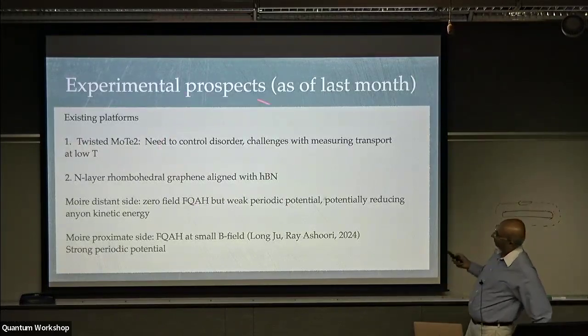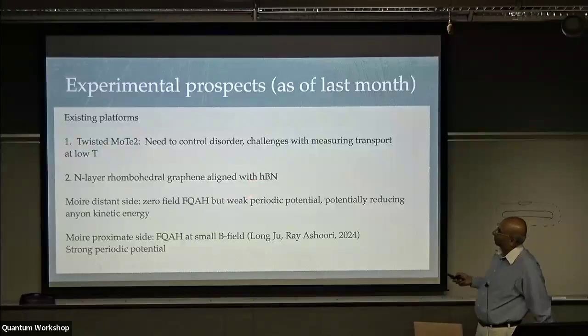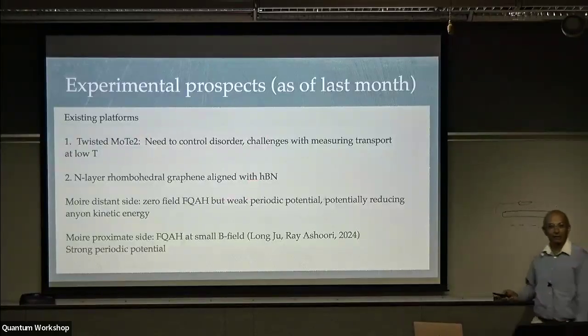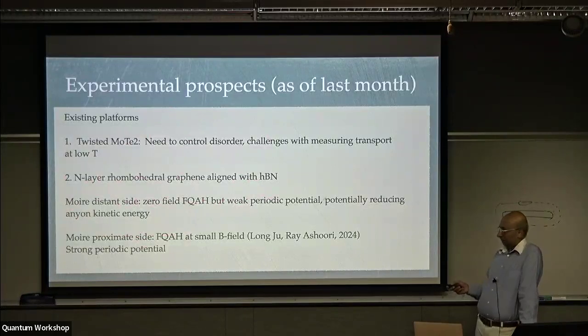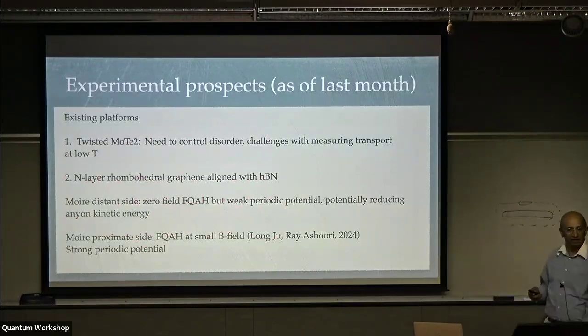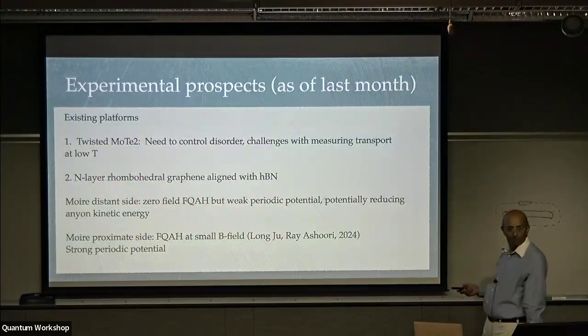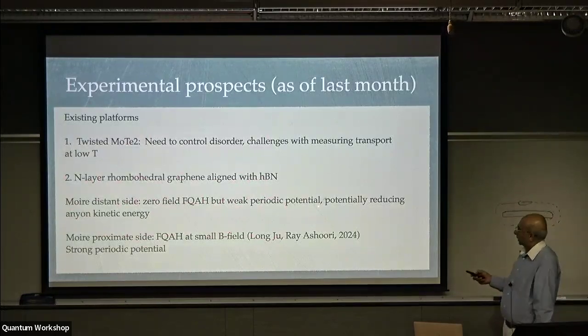But I have to say, I was a bit pessimistic last month. And then there's N-layer rhombohedral graphene aligned with hBN. On the Moiré distal side, Tittep was talking about it. There's a zero field fractional quantum Hall state, but the periodic potential, the effect of the Moiré, is very weak. So this potentially reduces the anyon kinetic energy.